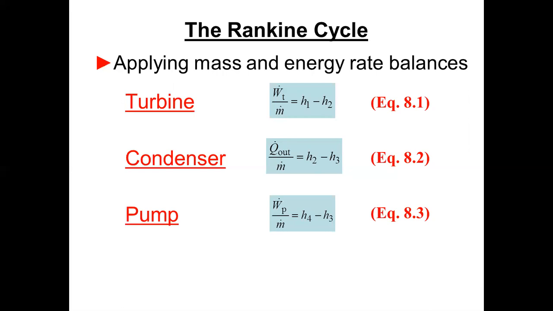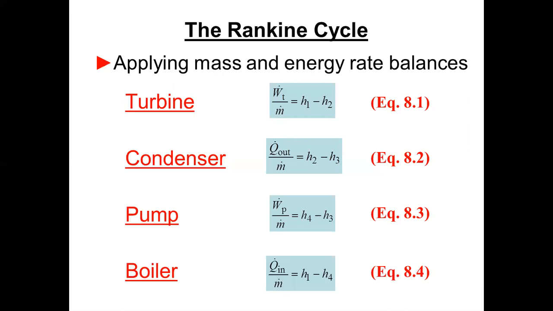And the pump, the total work into the pump divided by the mass flow rate is equal to the enthalpy change across the pump. So in this case, it's going to be H out minus H in to make that positive, because as the fluid goes through the pump, work is done on it, which increases the energy. The temperature might go up a little bit, but the pressure will go up significantly, and that increased pressure is energy.